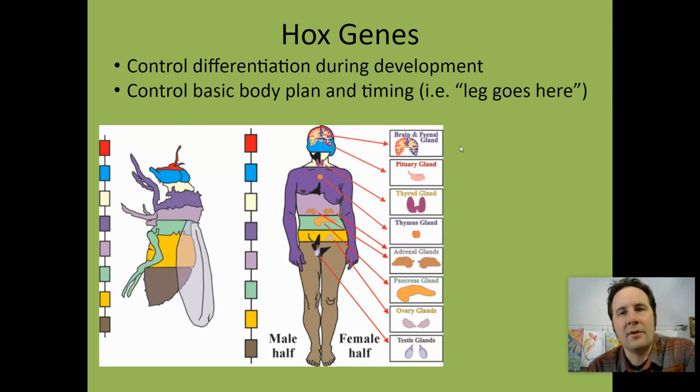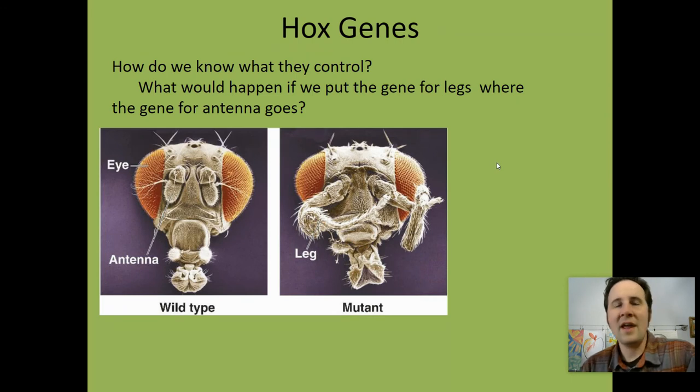So that's an example. Another example, which is a little more dramatic, is what would happen if I exchange the Hox genes for antenna with the Hox genes that control feet? Well, you get a fruit fly, in this case, not a human, that instead of growing antenna where it's supposed to, it starts growing feet. So what we did there is we simply switched the Hox genes' locations.